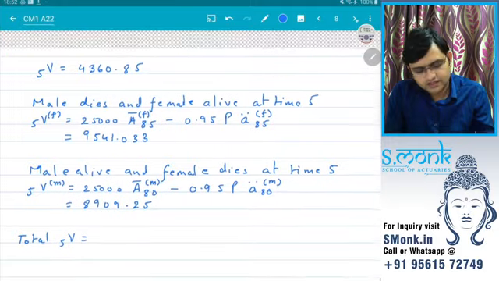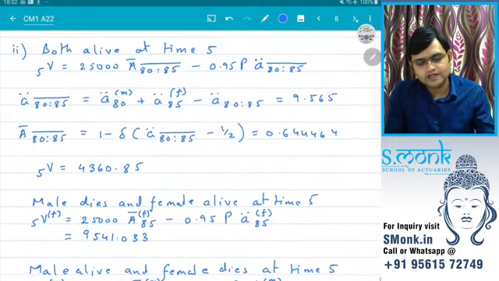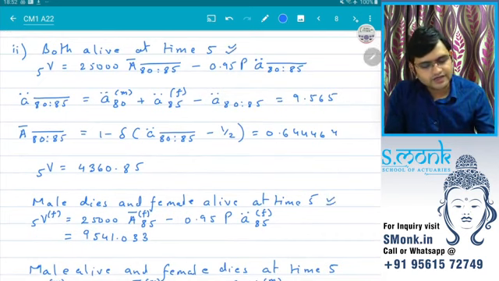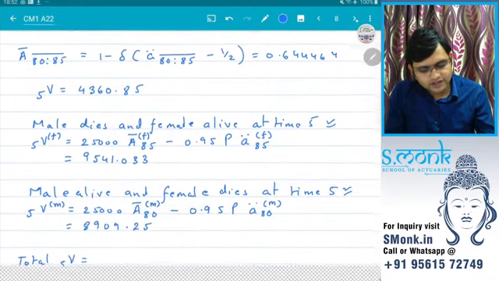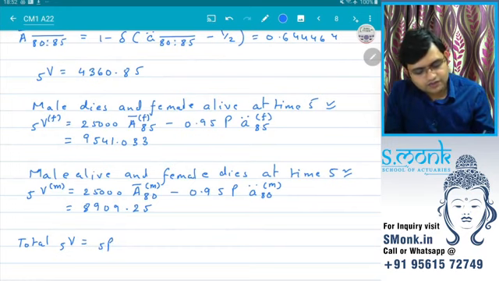And then for the total 5V, we would have to say how likely is this to happen. How likely is both being alive? How likely is one dying and the second being alive? So the probability that both will be alive would be 5P, with ages I think 75 and 80, right?